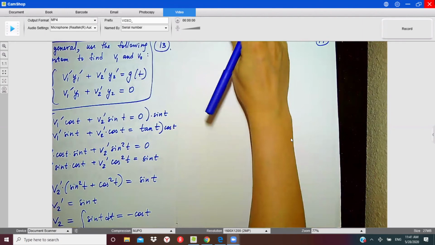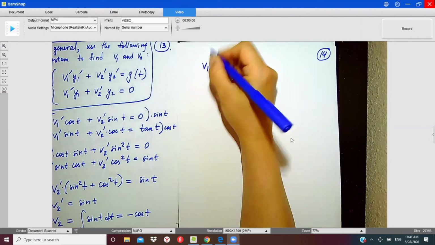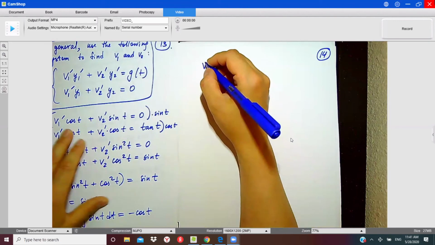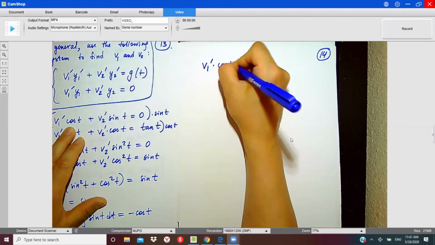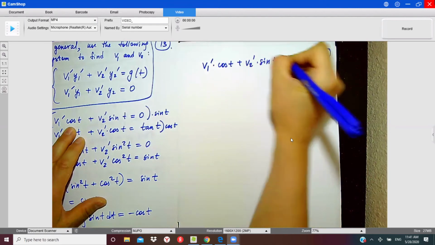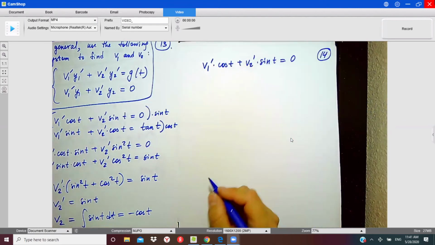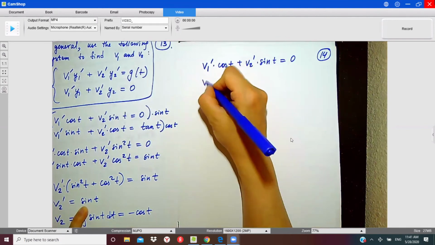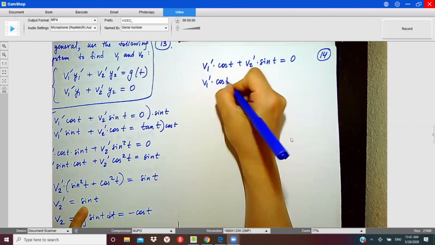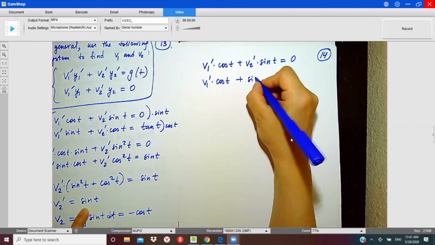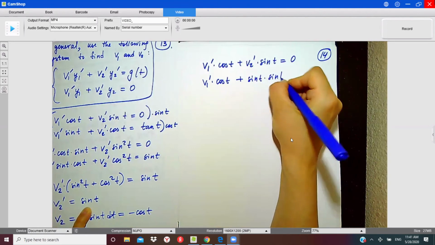So v sub 1 prime, I'm using actually this one, v sub 1 prime cosine of t plus v sub 2 prime sine of t equals 0. So we already know v sub 2 and we know the derivative, so we can write v sub 1 prime cosine t plus, instead of v sub 2 prime, I write sine of t times sine of t equals 0.